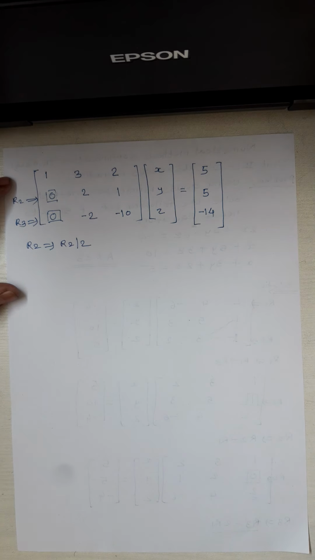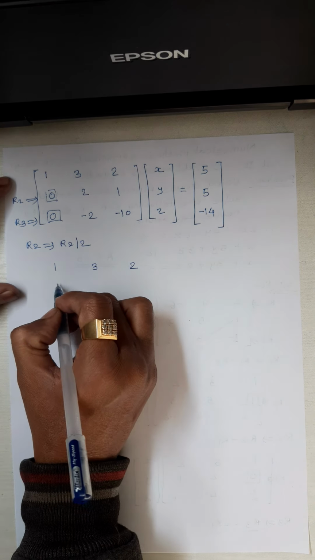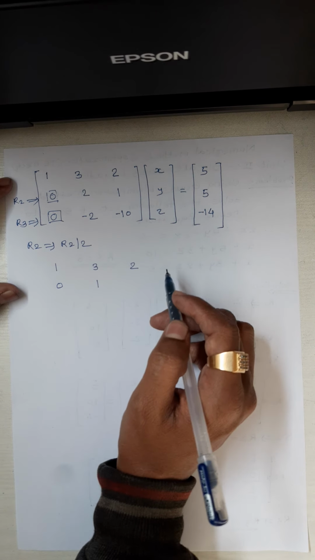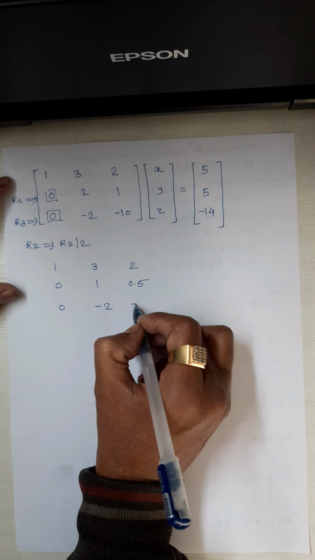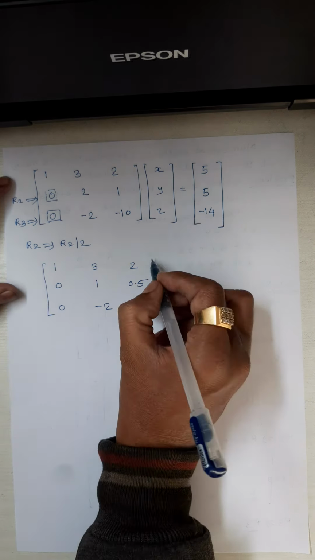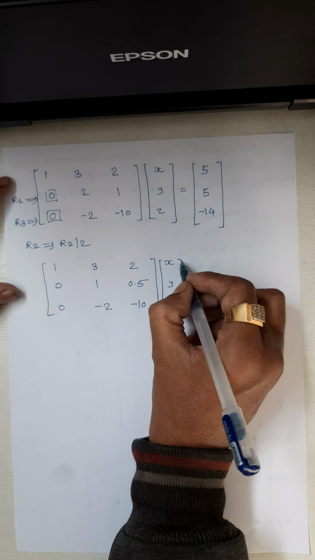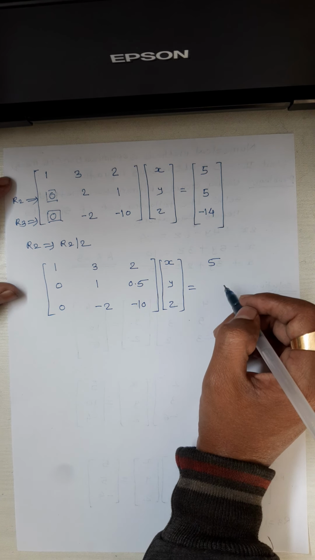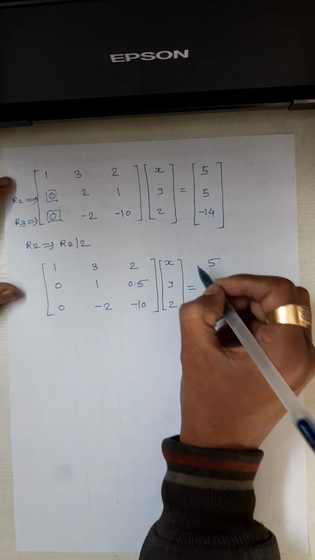So just divide this 2 by 2. So we'll get 1 3 2, 0 1, 0.5, 0 minus 2 minus 10 into x y z is equal to 5, R2 upon 2 means 5 by 2 is 2.5, minus 14.